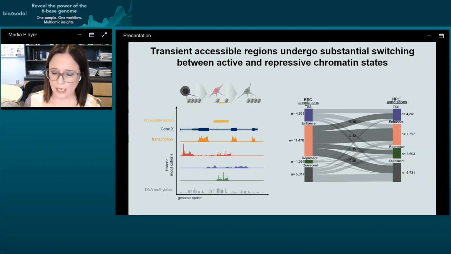For example, we have regions that start out as an enhancer and become either quiescent or even a repressor. So we can take different types of histone modification data and other types of data and put them together to look at these different types of regulatory annotations. Many of these annotations that we've defined here come from chromHMM.